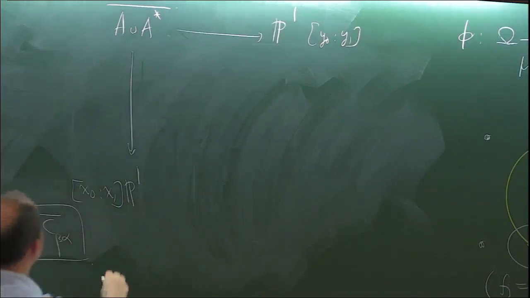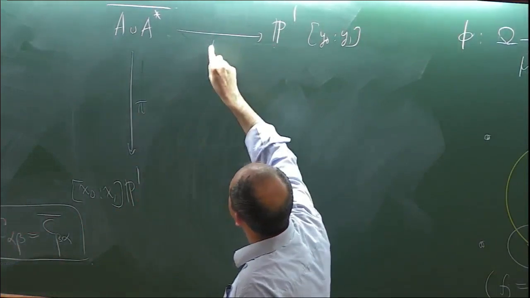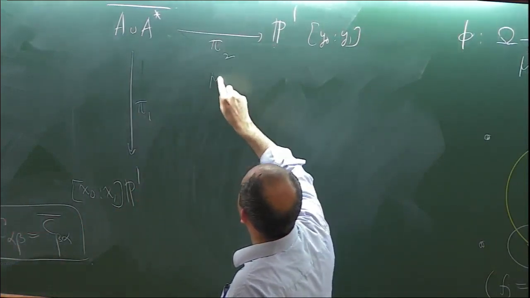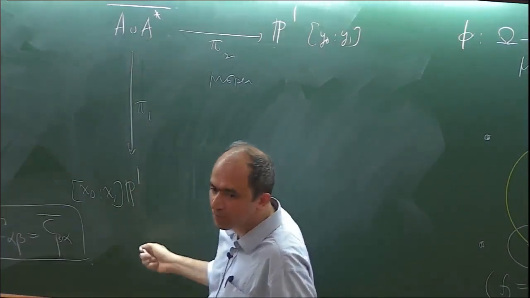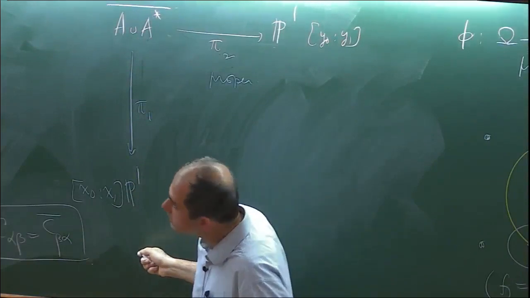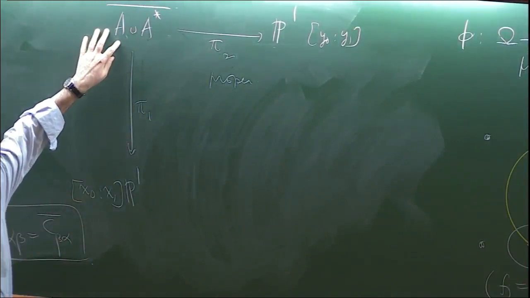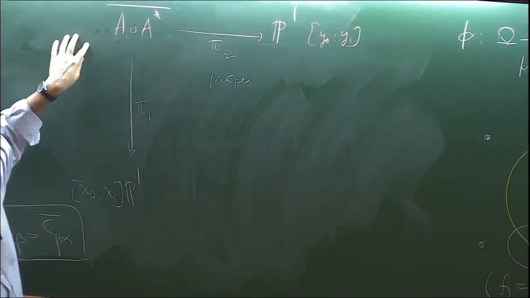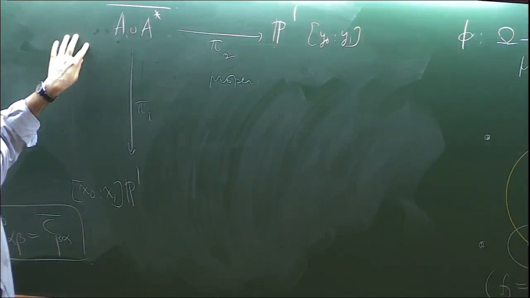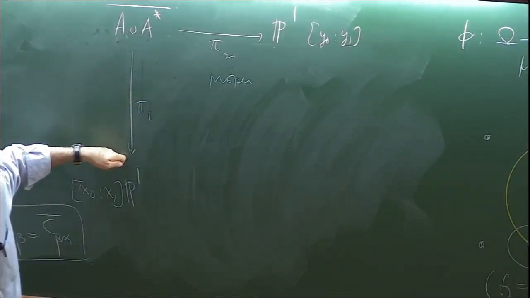Both of these are compact, therefore these projections are proper. And none of them shrinks this variety to a point, because what is A after all? A is the graph of a holomorphic function, a meromorphic function. So A consists of points of the form (z, s of z), where z belongs to your domain. Right? So when I push this forward down below by pi 1, I cannot get a point.